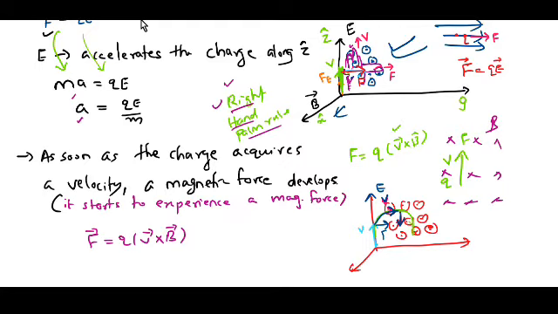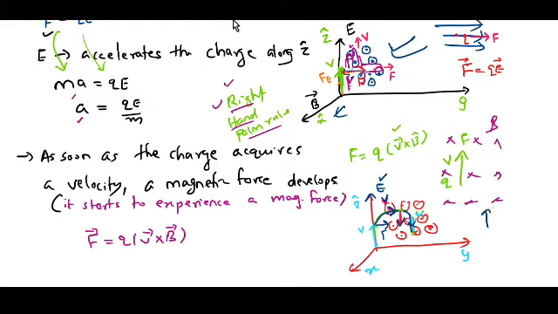And if the path is along this one, the velocity will be along this direction, when the charge is moving down toward the y-axis. This is our y-axis, this is our x-axis, this is our z-axis. When the charge moves down to the y-axis, this is against the motion of the electric field.